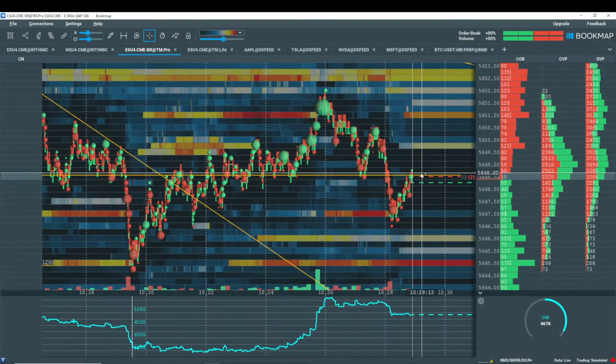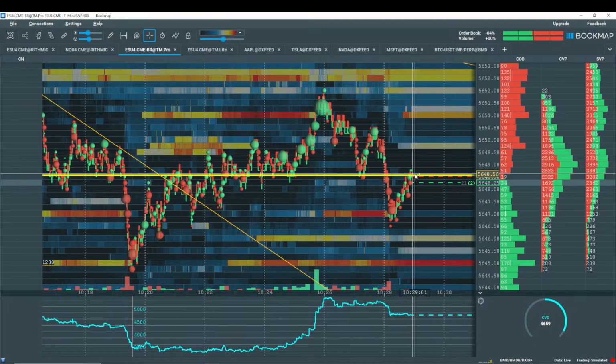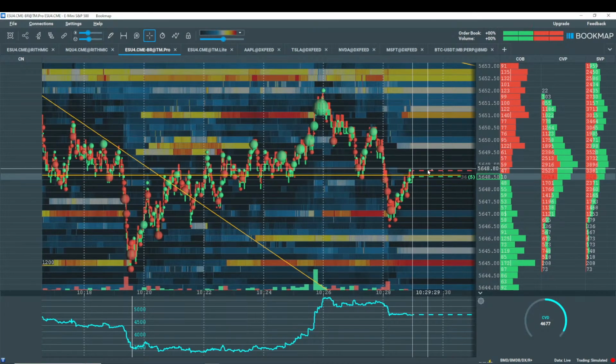And let's see if we get our buyers back up above this 48 and a half pivot here.